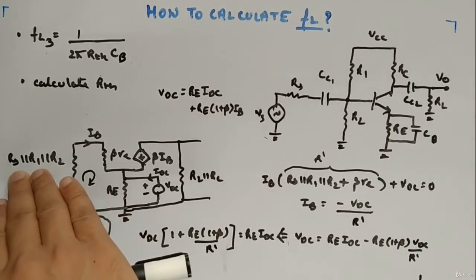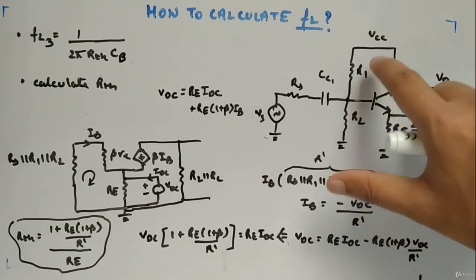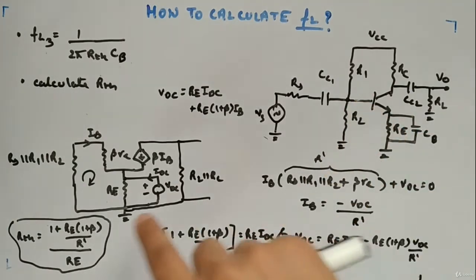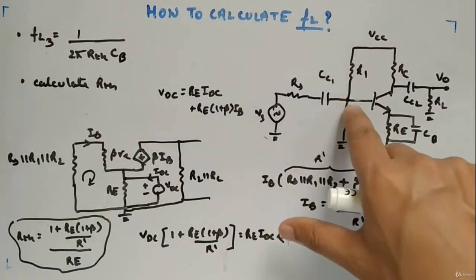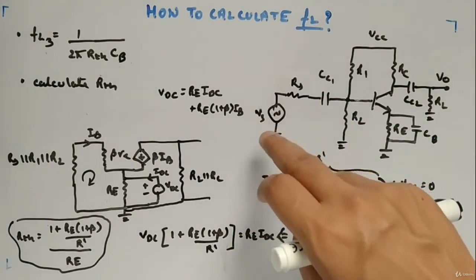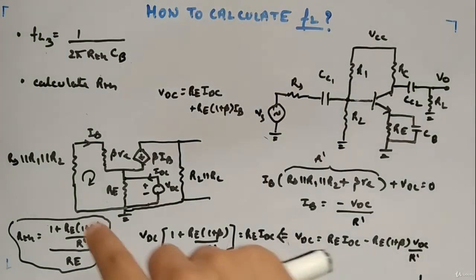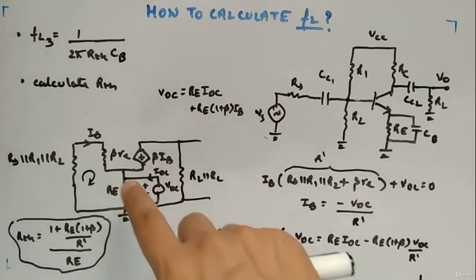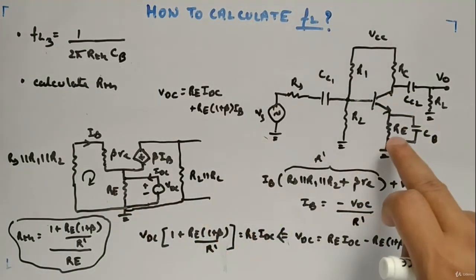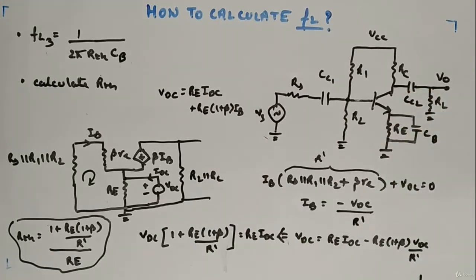Here these resistances are in parallel: R1 is connected between this point and ground, R2 is connected between this point and ground, and RS is connected between this point and ground. This is ground, this is short, and this is short, because we are calculating with respect to CB. That's the reason they all are in parallel. Beta IB and the transistor equivalent, then RE is as it is, RL parallel RC is here because this is short.